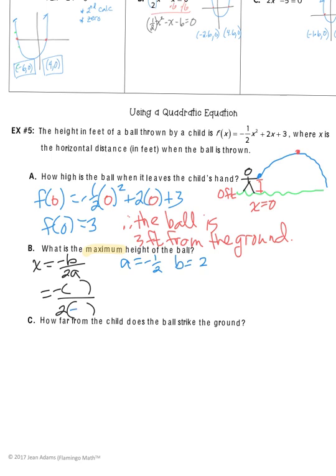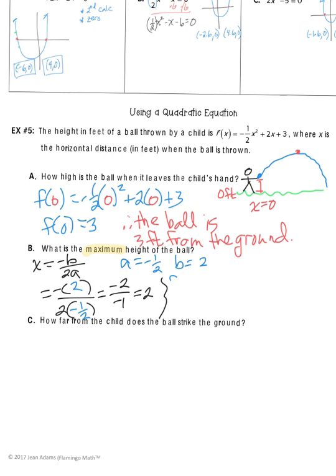And so the -1/2 goes down here, and then the 2 goes up here, and we end up with -2 over -1, which is +2. So the x value of the vertex is 2, which means it reaches its maximum height at 2 seconds, but it wants to know how high it is. So that represents the time. So then we're going to have to put that into the function.